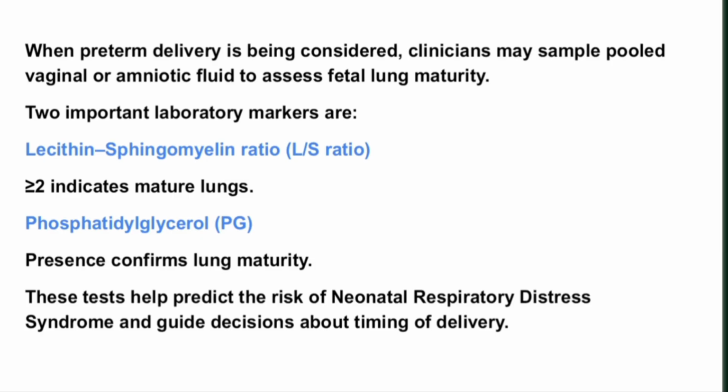So these tests will help us reduce the risk of neonatal respiratory distress syndrome and guide our decisions at the time of delivery. Okay, so I hope we've understood that.